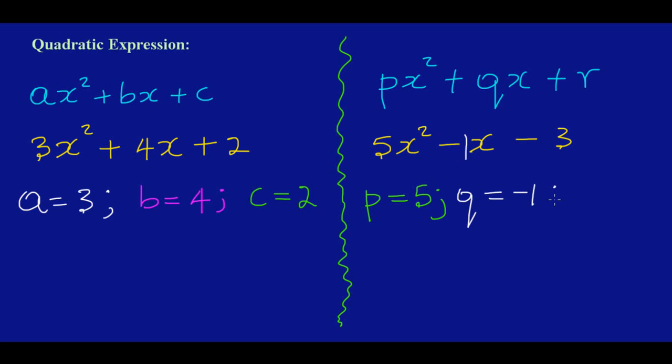And my constant, r, is equal to negative 3. Always remember the sign. And that's it. That's how we identify the letters, the numbers, or the coefficients and the constant in a quadratic expression.